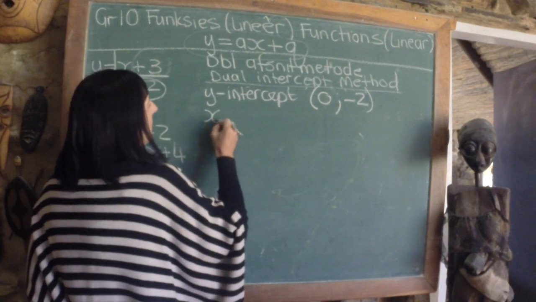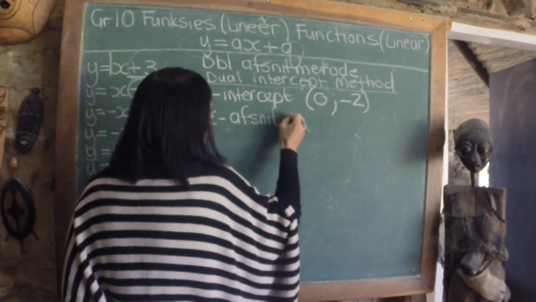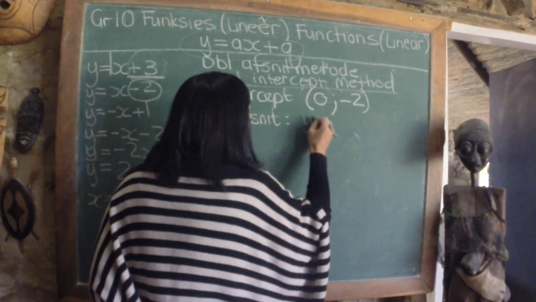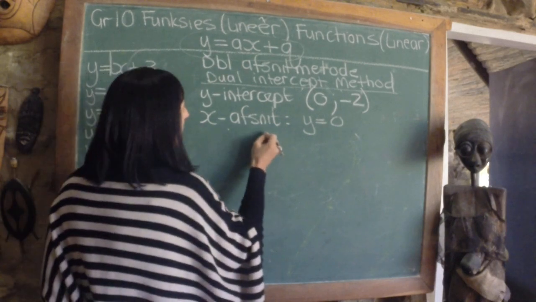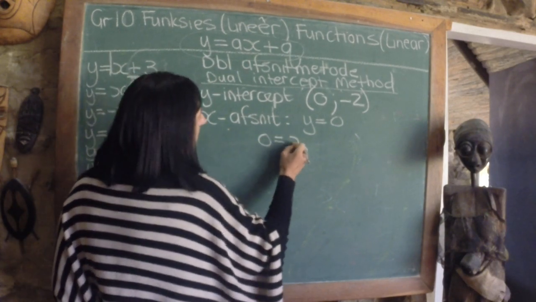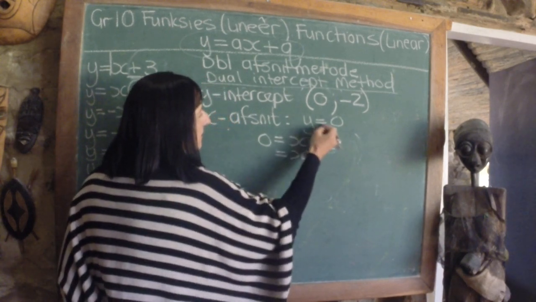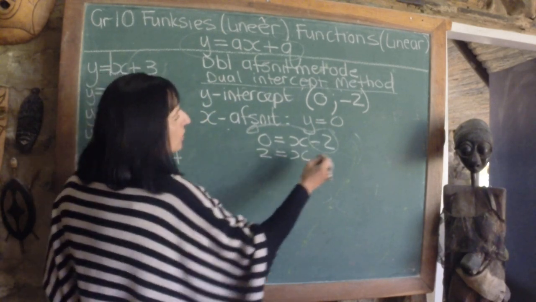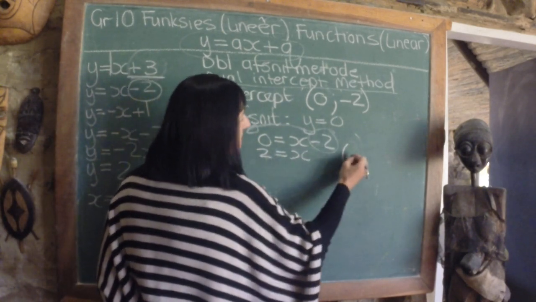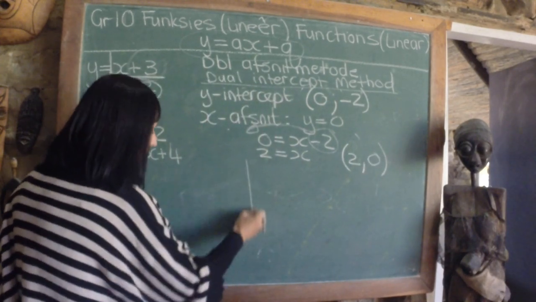Now we need our x-intercept, ons x-afsnit. Hoe kry ons dit? Ons maak vir y gelyk aan 0. Substitute the y value with 0 equals x minus 2. Ons kry ons x alleen aan die een kant, dan word dit 'n +2 en kom ons skryf die koördinaat neer. X equals 2, y equals 0. So nou kan ons hom gaan teken.